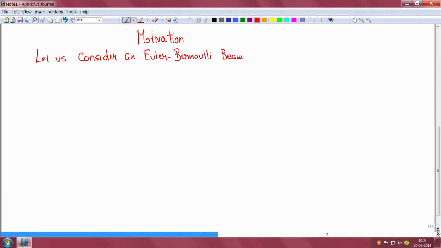Those of you who have had a course in vibrations would know this. This beam is now driven or excited by a harmonic point force.